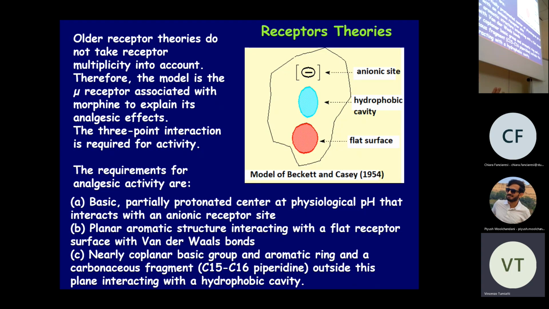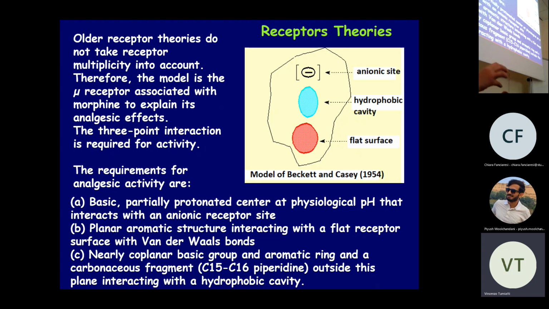This means that the nitrogen is protonated, the active form is protonated, so it is necessary an anionic site, a negative site, able to interact with an ionic bond with the positive, protonated nitrogen atom.